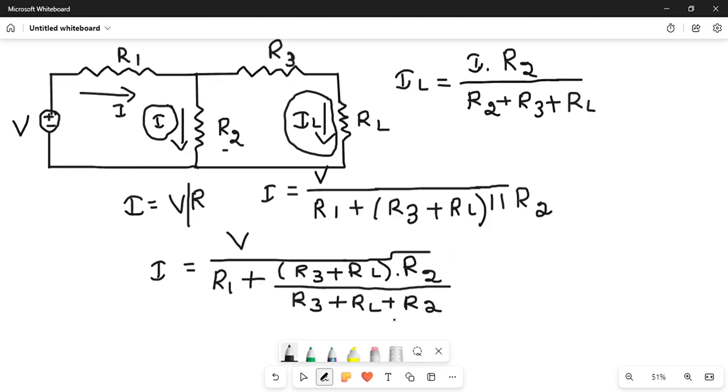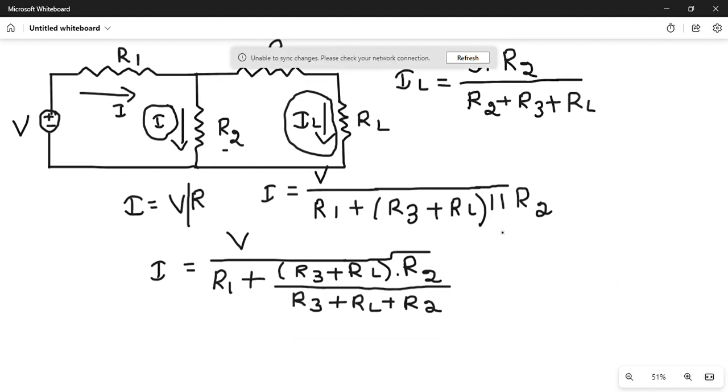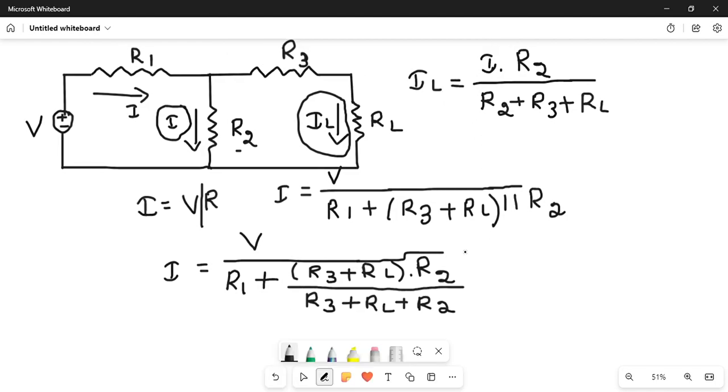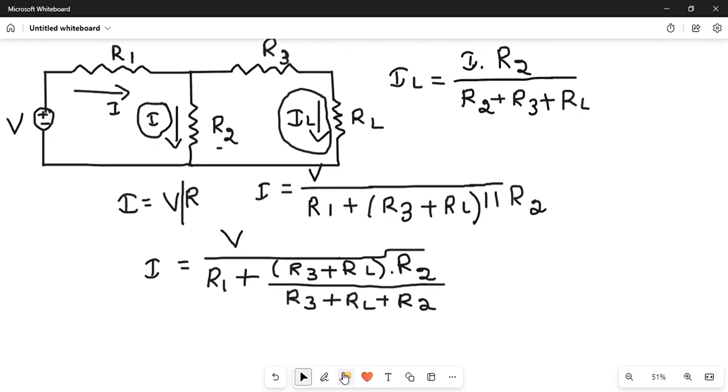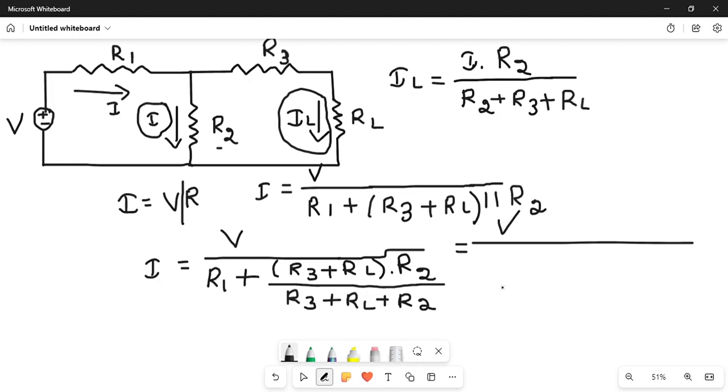Now here, if you try to simplify this, how to simplify this? You're going to take a common. If you take a common, it is like your R3.